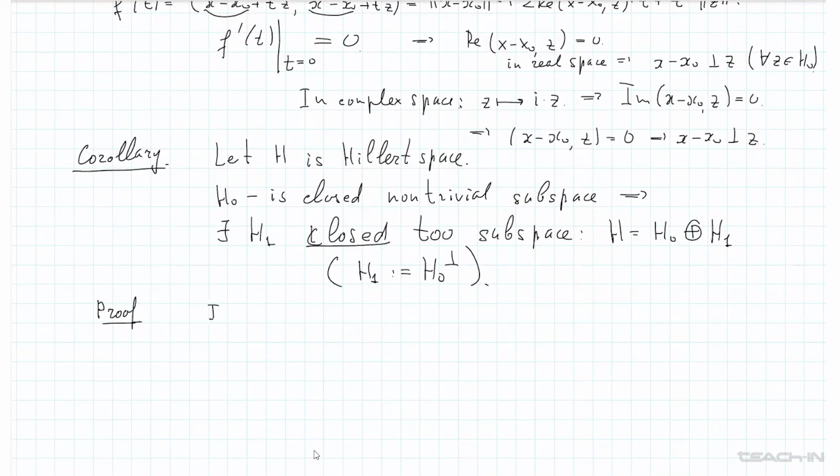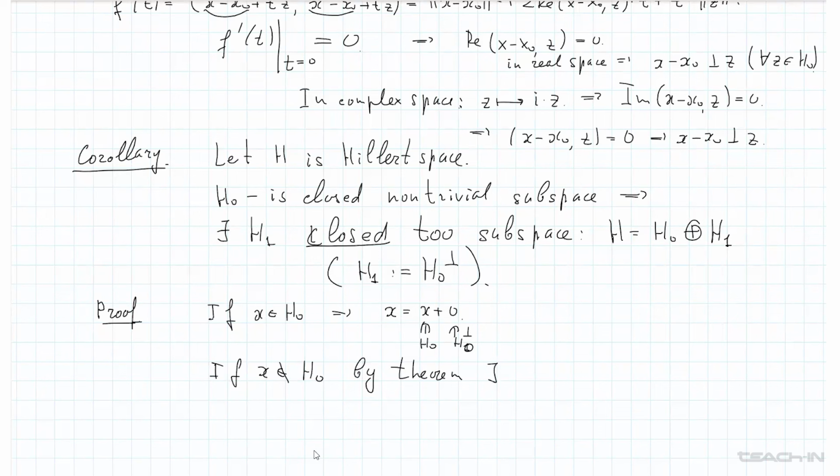So if x lies in H0, then we can write it as x plus 0. Yes, the first is from H0, the second is from H1, from H orthogonal. And if x is not from H0, by the previous theorem, there exists x0 from H0 such that this norm is the distance.